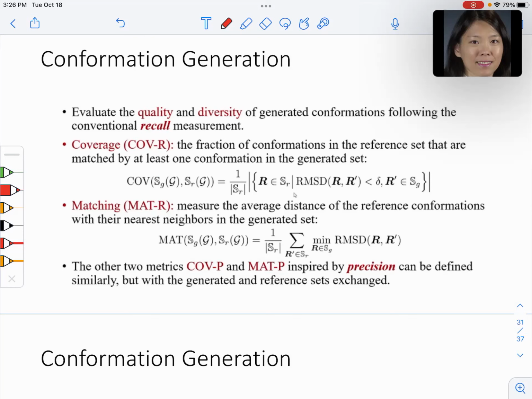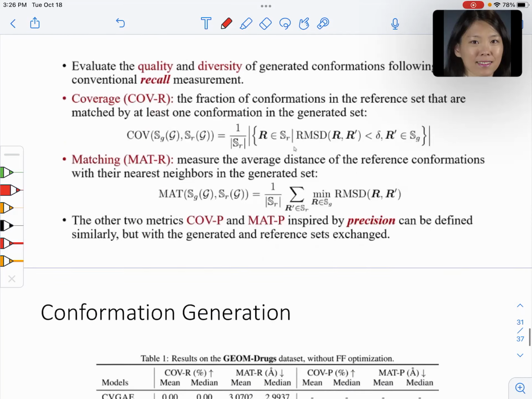So coverage is defined as the fraction of conformations in the reference set that are matched by at least one conformation in the generated set. And the second score is called matching, which measures the average distance of the reference conformations to their nearest neighbors in the generated set. Essentially, they evaluate over both of these two metrics.